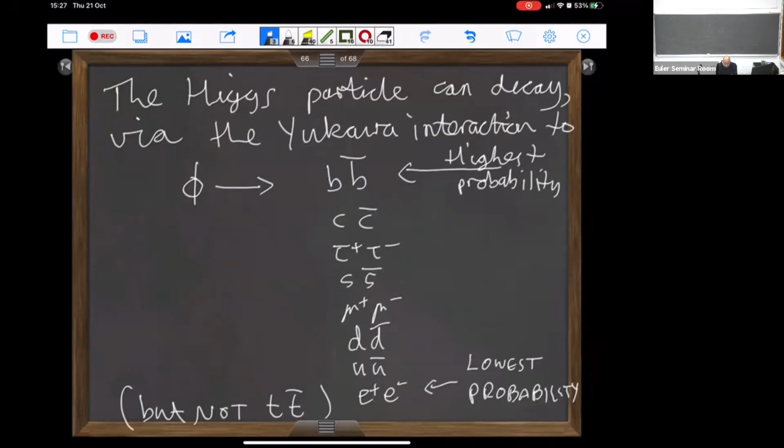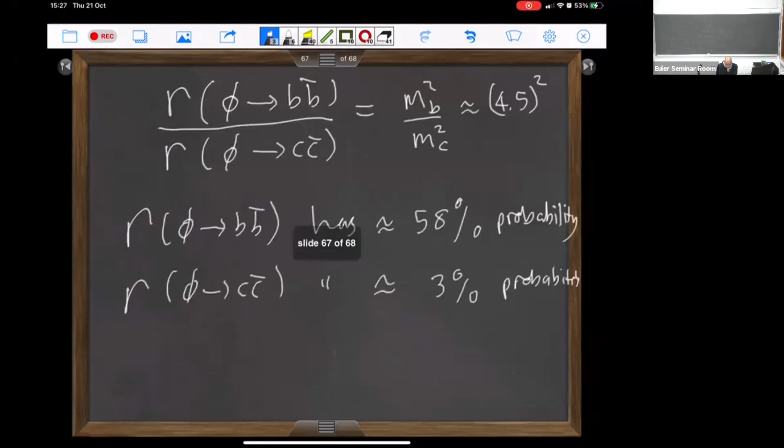And then, as you go down in mass, the probability goes down, and the ratios of these probabilities is actually controlled by the square of the masses of the particles. So, for example, the ratio of decay widths from phi to b b-bar, phi to c c-bar, I'm writing equality here, but this is at tree level.